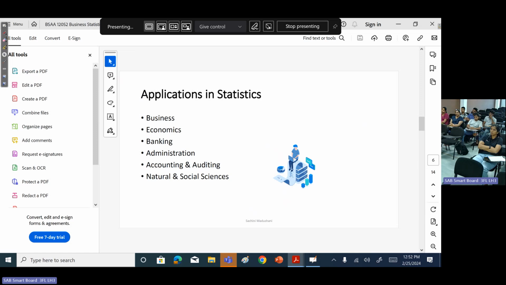Understood? Okay. Then the next one is what? Economics. Okay, all of you studied economics. You will study the economics subject now. In economics, you calculated the value for the GDP and national income. Yes or no? Which method is used to calculate those things? Statistics. Understood? They use different kinds of statistical techniques to calculate the GDP value, the real income and the national income.